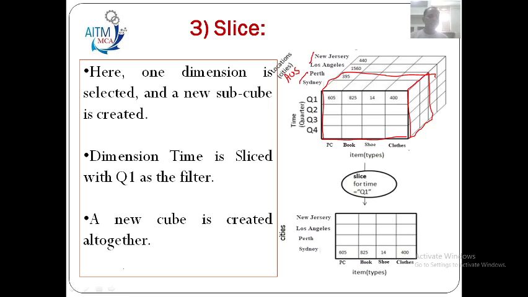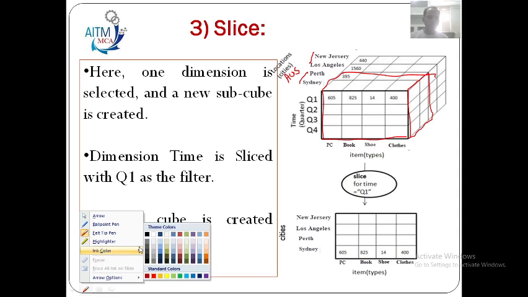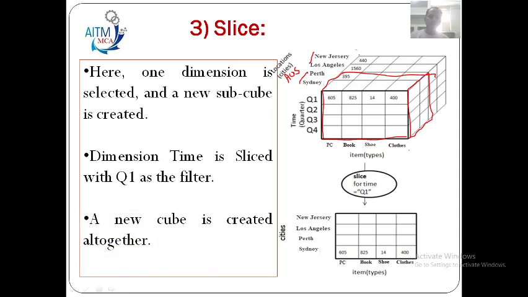So this cube is blue colored, it is for USA, and red colored is for Australia.